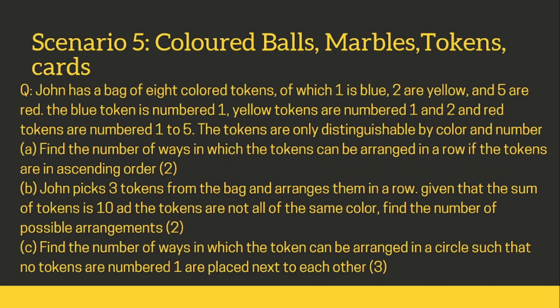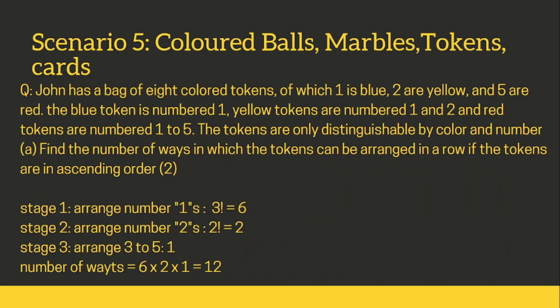Find the number of ways in which the tokens can be arranged in a row if the tokens are in ascending order. Part 2. John picks 3 tokens from the bag and arranges them in a row. Given that the sum of the tokens is 10, and the tokens are not all the same color, find the number of possible arrangements. In part C, find the number of ways in which the tokens can be arranged in a circle such that no tokens are numbered 1 and are placed next to each other.